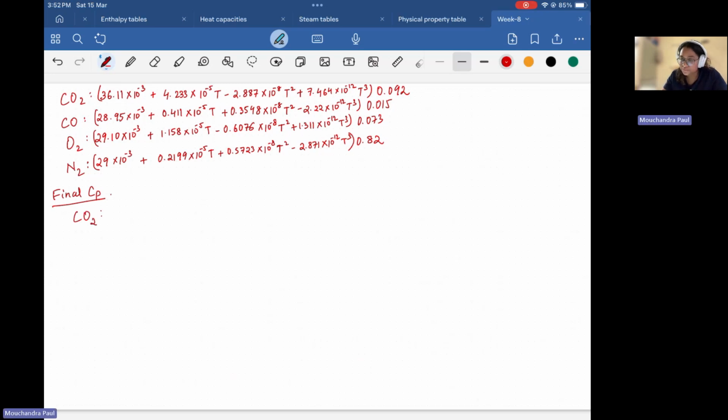For CO2, CO, O2, and N2. I'll use my calculator for this.